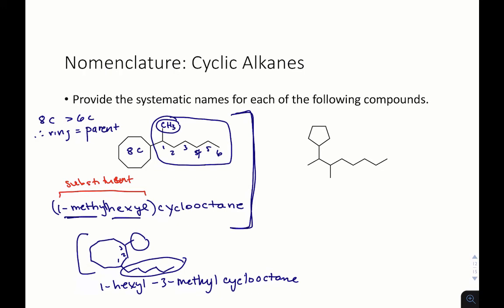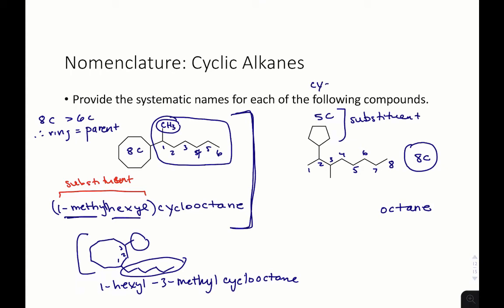All right, let's take a look at the next example. So we have a 5-carbon ring, and we have a 1, 2, 3, 4, 5, 6, 7, 8 carbon chain. So 8 is greater than 5, which means that the parent is going to be the linear chain, the octane, and the ring is going to be a substituent on that octane chain, because 5 carbons is less than 8.